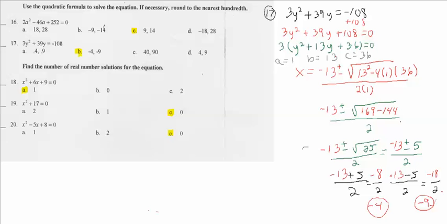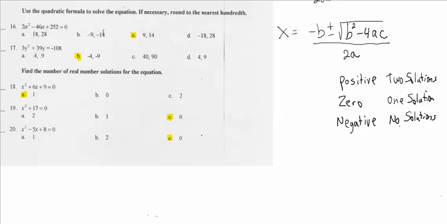Okay, the last three. Okay, on number 18, 19, and 20, we're going to find the number of real solutions for the equation. And we are going to use the discriminant. So it's what's inside of the square root on our quadratic formula. So we're using that. So we've got b squared minus 4ac.